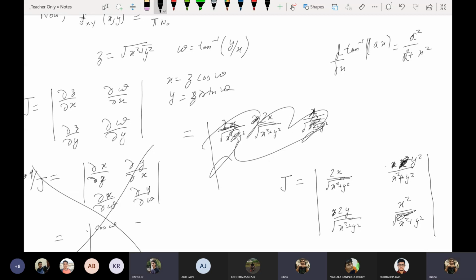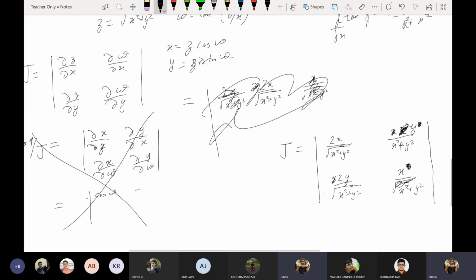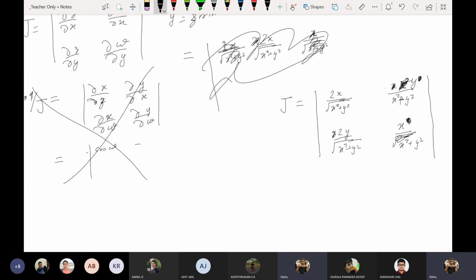So the derivative of tan inverse x by a is a upon a square plus x square. I just checked. Yeah, that makes life a lot simpler. This becomes, there should be a minus here for this to be consistent.